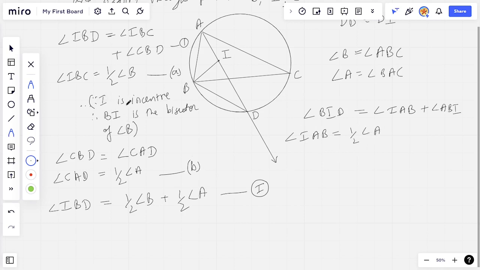Same reason, I is the incenter of the triangle and segment AI bisects angle A, because I is the incenter.